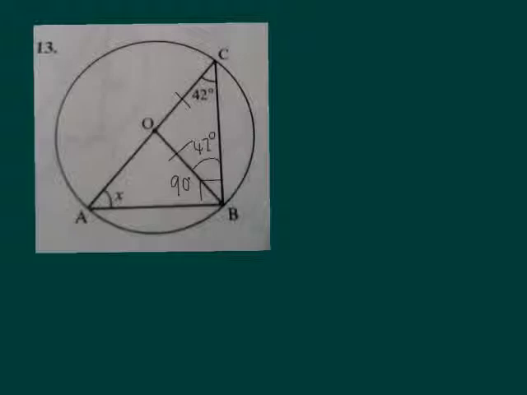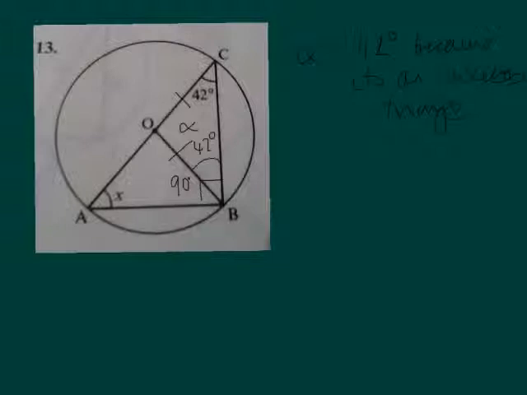Let's just call that, I'll go for angle alpha. I can write alpha equals 42 degrees because it's an isosceles triangle. Okay, that's 42 degrees.